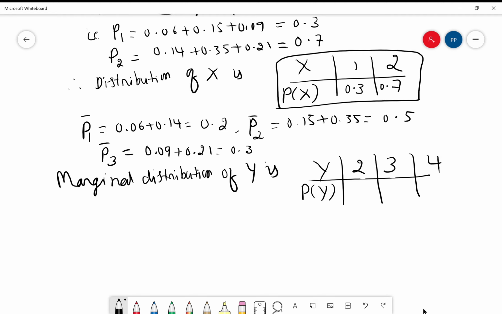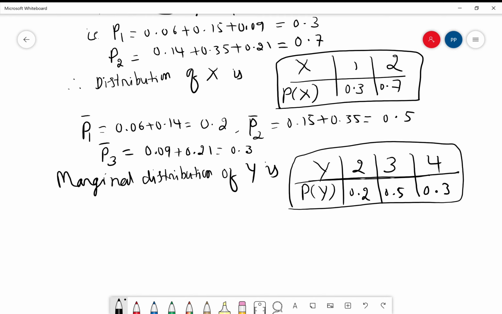Corresponding probabilities are 0.2, 0.5 and 0.3. You can also verify this distribution. Look here, each value is non-negative. And what is the sum? The sum is 1. Similarly, the marginal distribution of x: each one is non-negative, and the sum is 1.